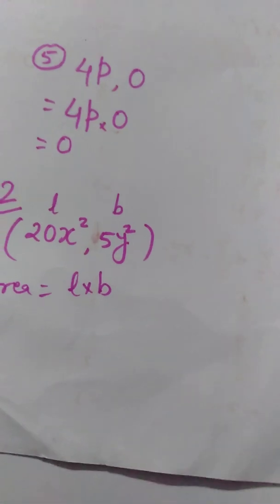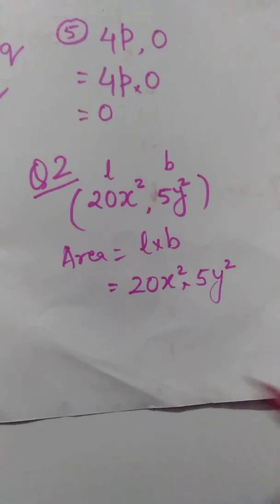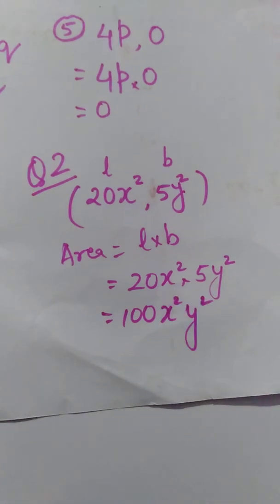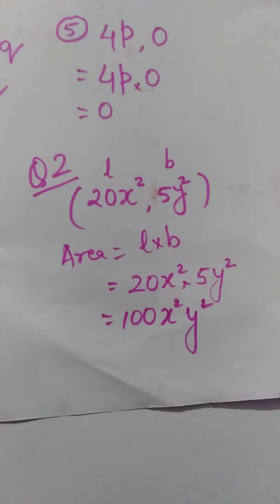Finding the area by the multiplication, 20x square into 5y square. Coefficients are multiplied. 20 into 5 is 100. x square into y square. So the area is 100x square y square. In the same way you can multiply the other one also.